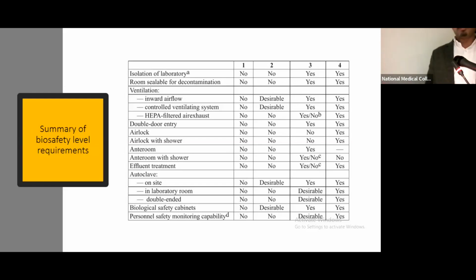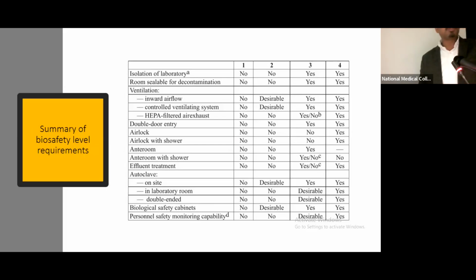If you see, biosafety level 4 has tick marks for all the criteria. So what are those? There should be an isolated laboratory. There should be a proper way to decontaminate it. The air inflow and outflow should be regulated through filters. Entry of persons should also be regulated through a double door. There should be an airlock. There should be treatment of the effluent coming out of the lab.